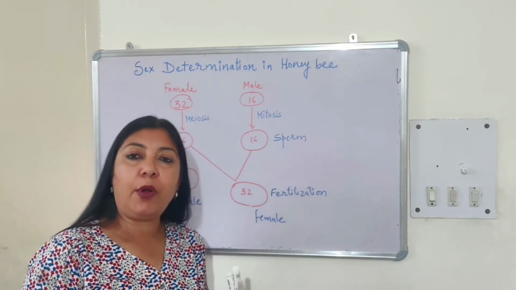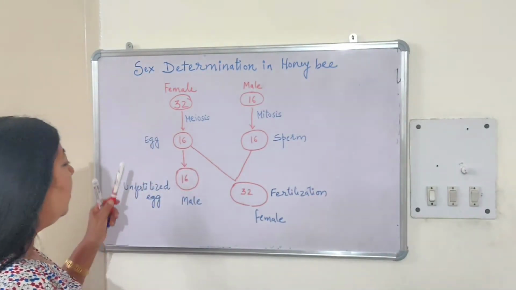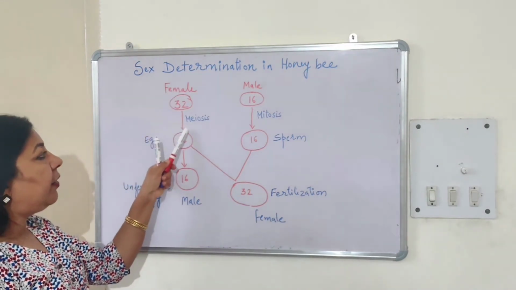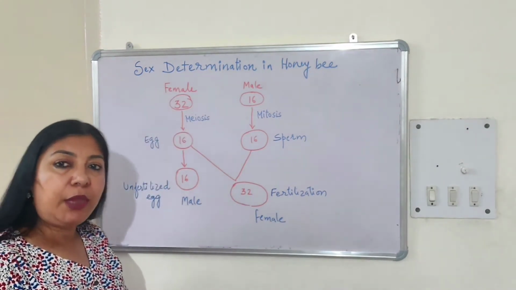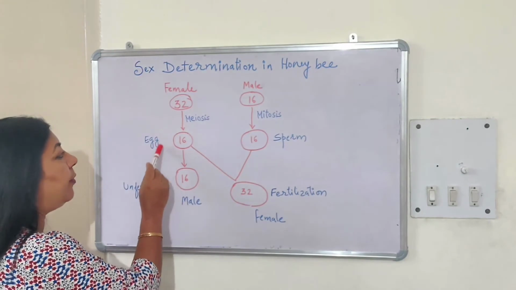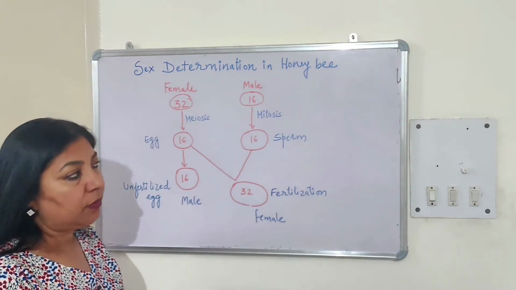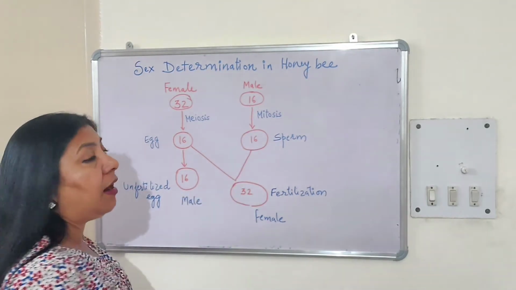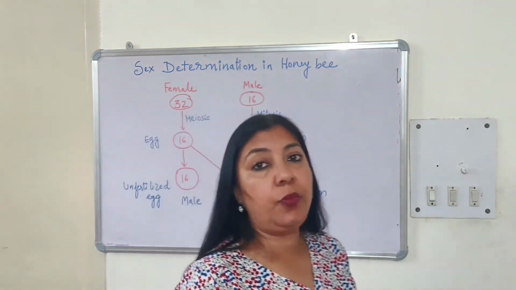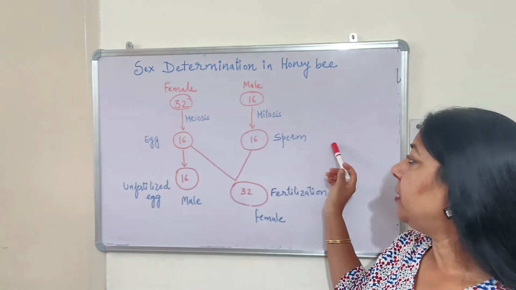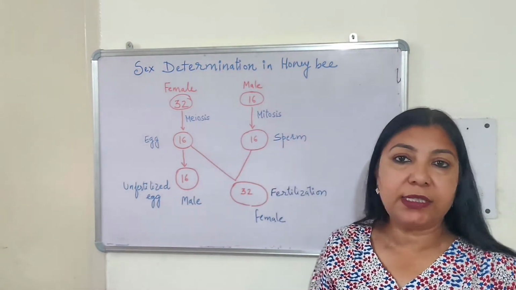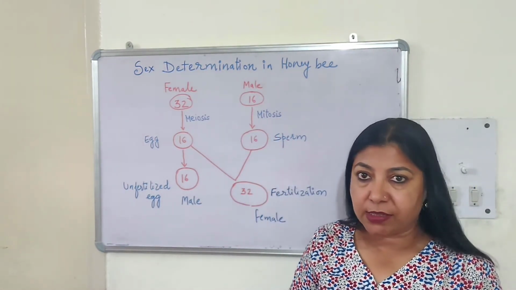They are haploid. So these females will undergo the process of meiosis and will produce the eggs which will have 16 chromosomes. Whereas males will undergo mitosis to produce the gametes, that is sperms, and they will also have 16 chromosomes in their gametes.